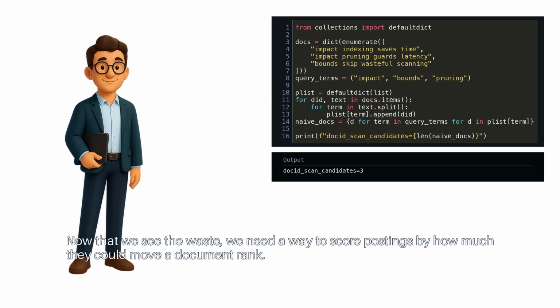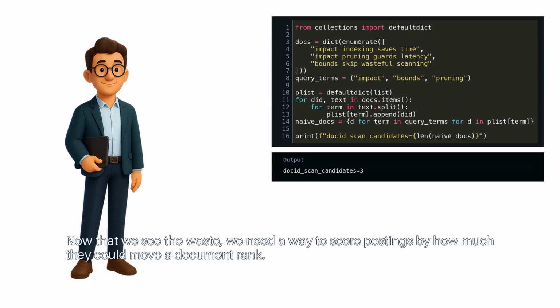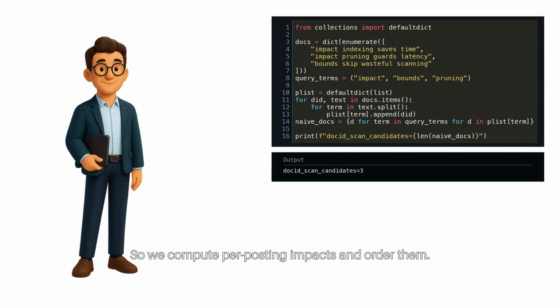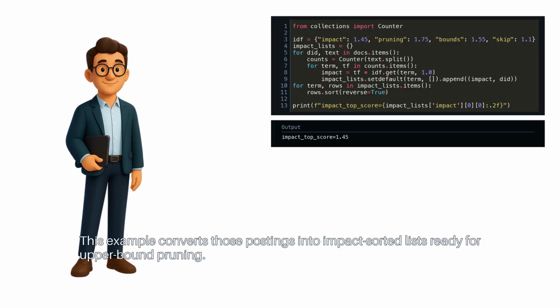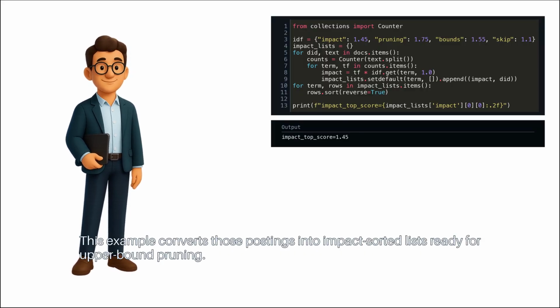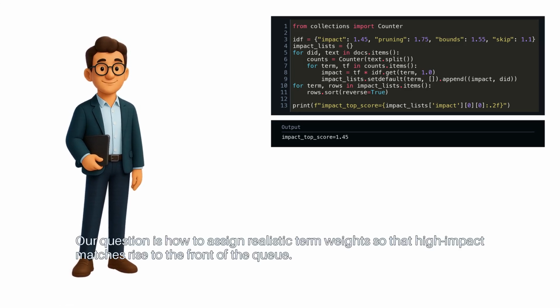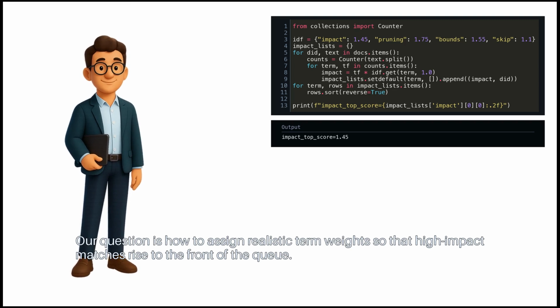Now that we see the waste, we need a way to score postings by how much they could move a document's rank. So we compute per-posting impacts and order them. This example converts those postings into impact-sorted lists ready for upper bound pruning. Our question is how to assign realistic term weights so that high-impact matches rise to the front of the queue.